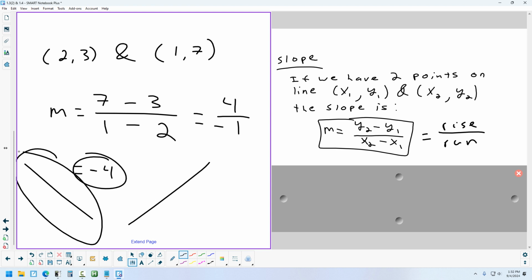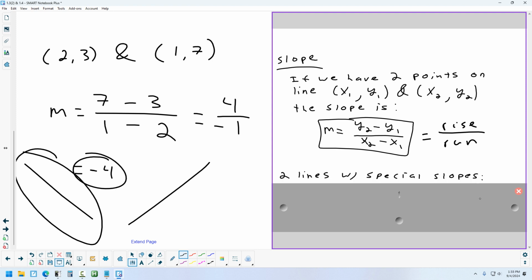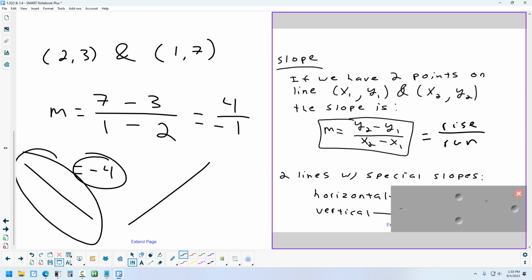Now there are two special lines, horizontal and vertical. Does anybody remember the slope of a horizontal line? It's just 0. Yep, 0. How about the slope of a vertical line? This is a little different.